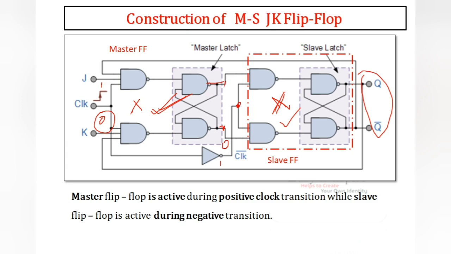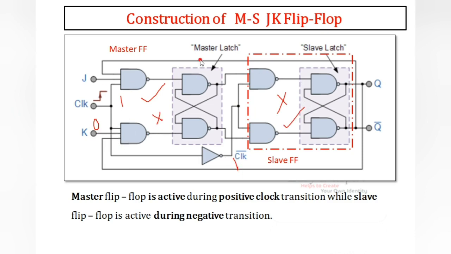So the final conclusion for the master slave JK flip flop: when the clock is 1, the master flip flop is activated and the slave is deactivated. When the clock is 0, the master is deactivated and here it becomes 1, so the slave is activated. This is the final conclusion. You need to understand this point very well.